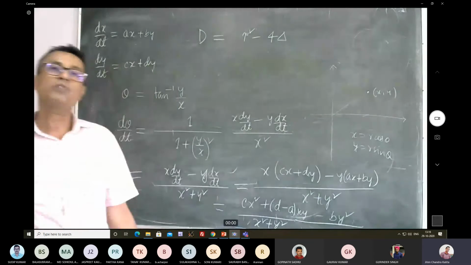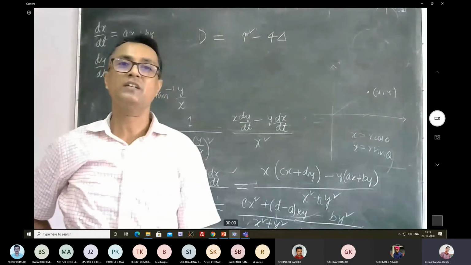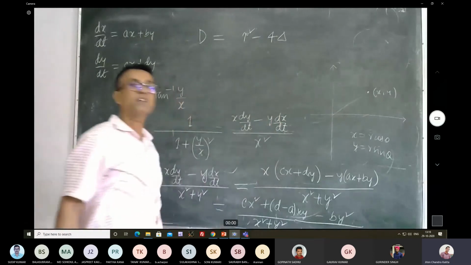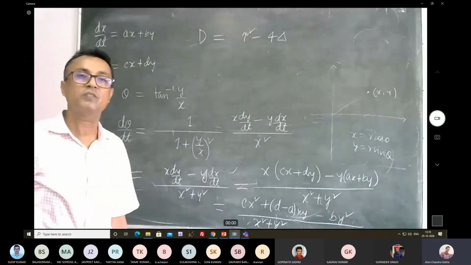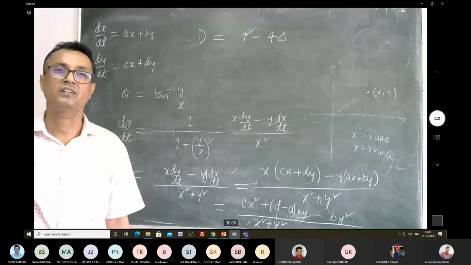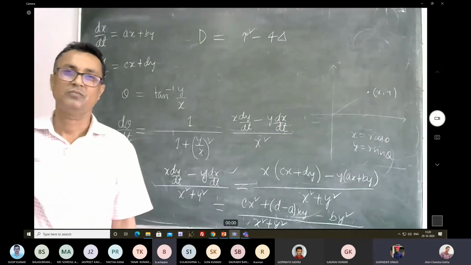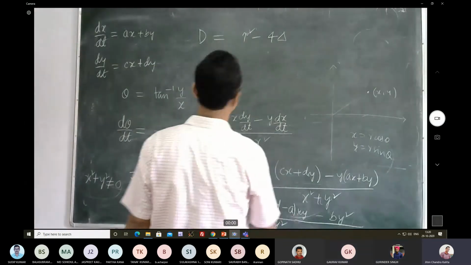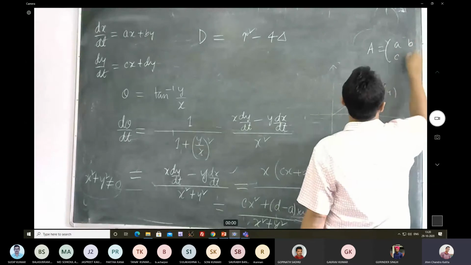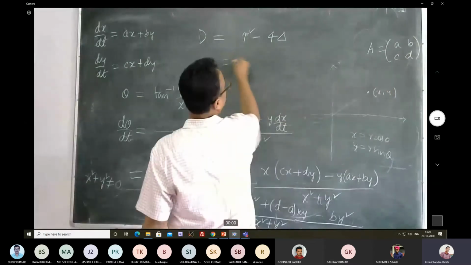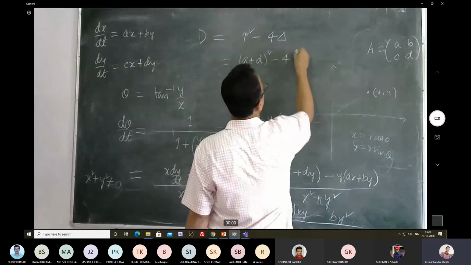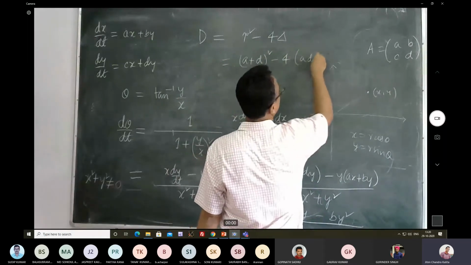If you recall, when we were trying to find the eigenvalues, the discriminant was given by tau square minus 4 delta. Since my matrix was A, B, C, D, this is (A plus D) whole square minus 4 into (AD minus BC).